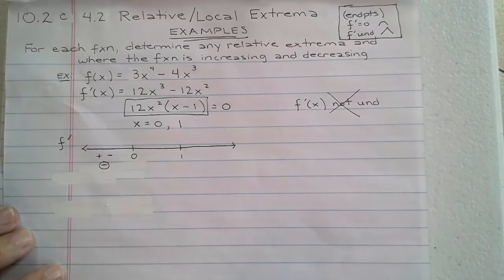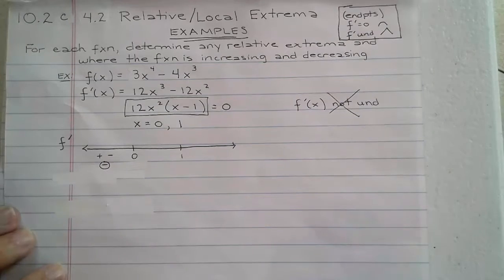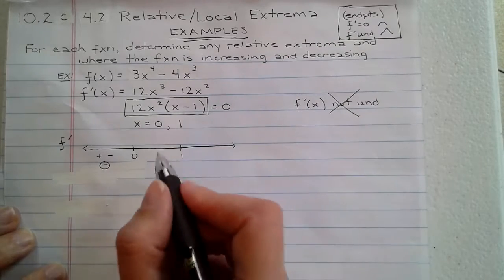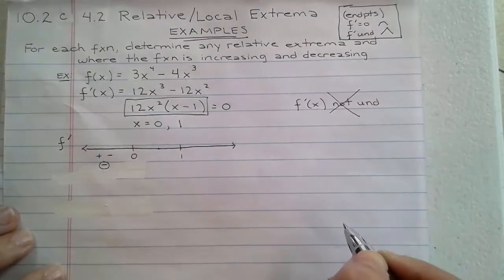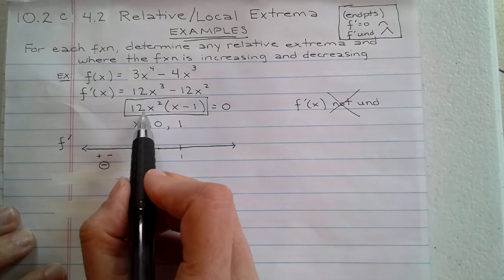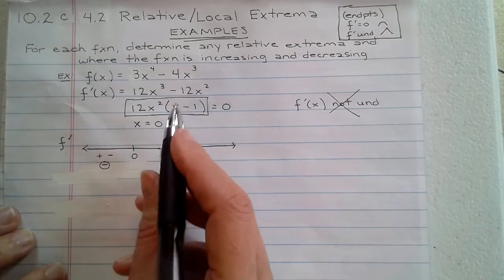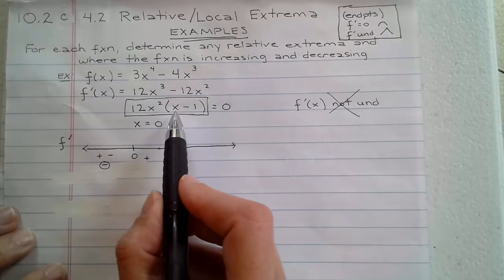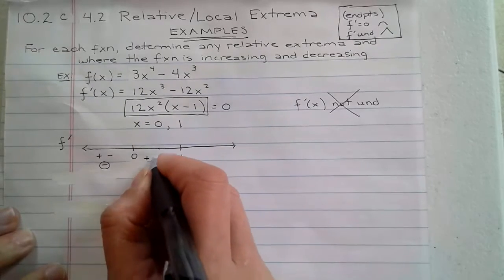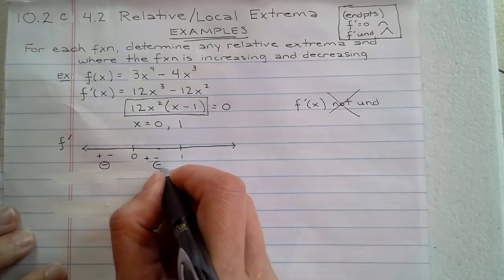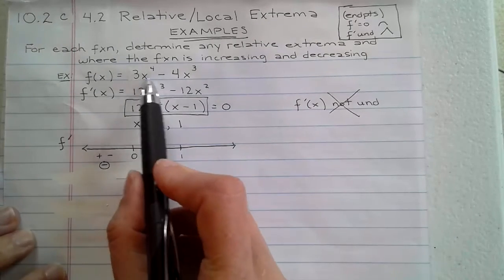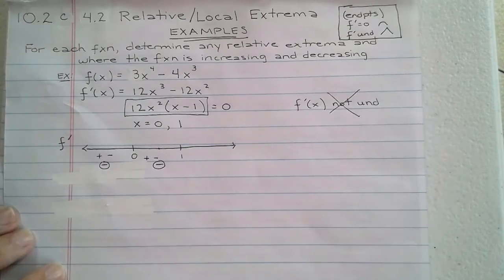So the slope of f is negative there. f is decreasing there. If we go here and plug in something like a half, 12 times a half squared is positive. The half minus 1 is negative, so when I multiply them, my function f is still decreasing. It still has negative slopes.